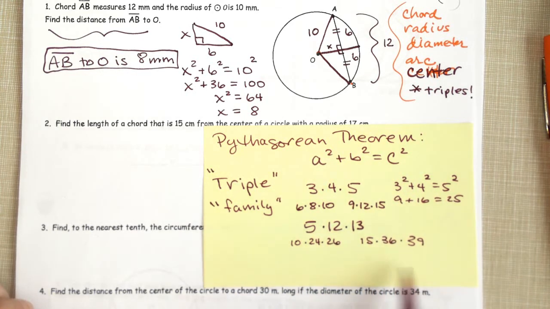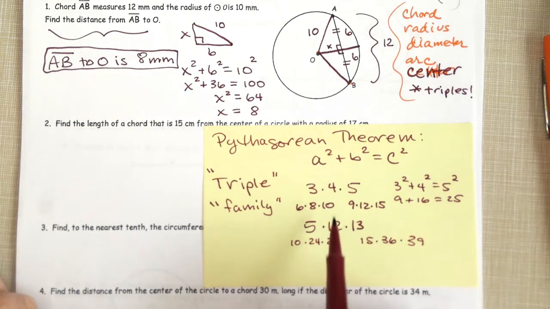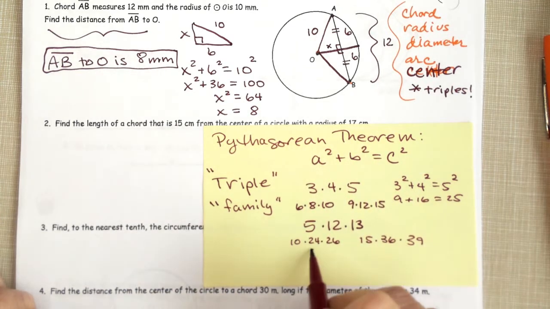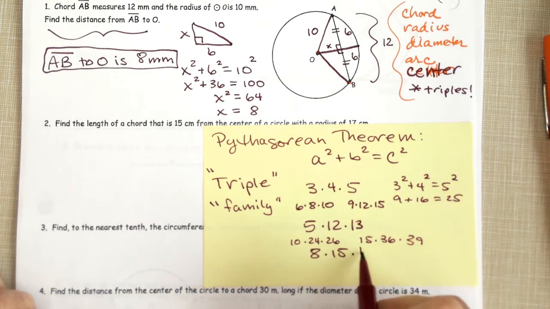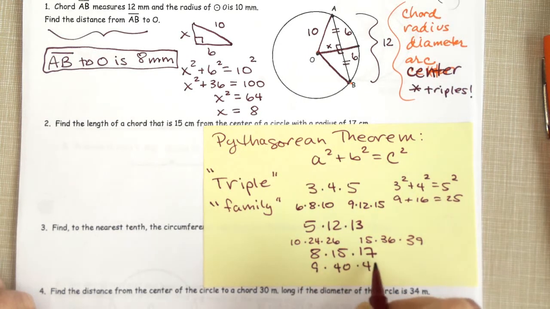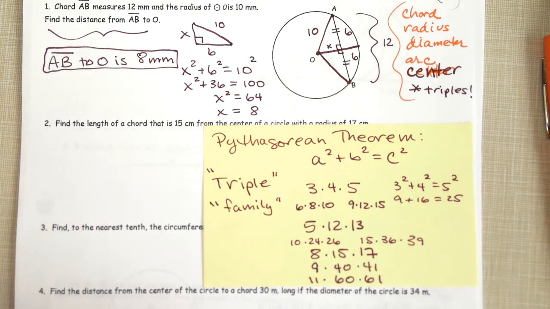You might not recognize it in the family, but you might get more used to it over time. Anyway, there's an infinite number of triples: 8, 15, 17, 9, 40, 41, 11, 60, 61, etc. I would memorize two, three, four, five of them to make your life a little bit easier.